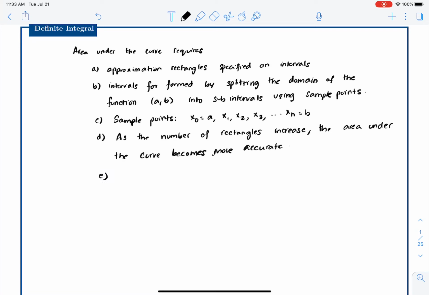So we have the lower sum, which is typically an underestimate.